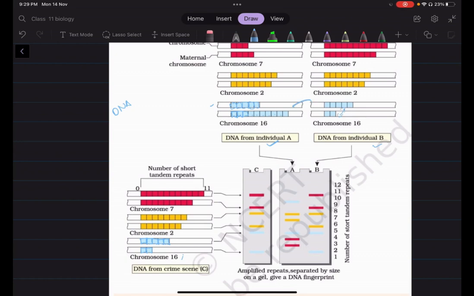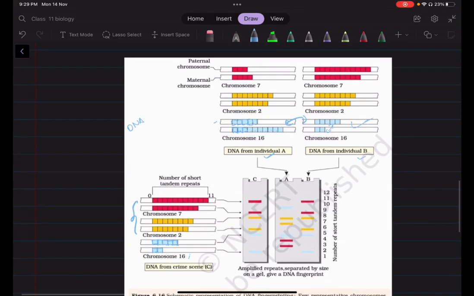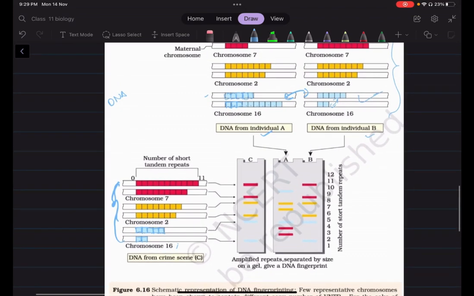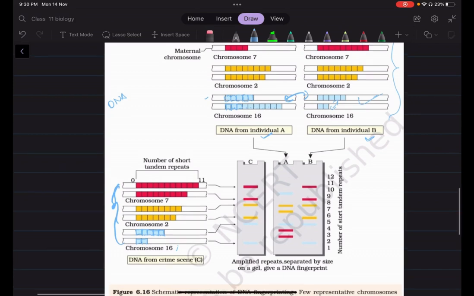Now which is more similar, this or this? Obviously this one, because it is exactly the same. If you compare the other chromosomes too, you'll find the same number of VNTRs in the corresponding chromosomes. So we can conclude that the sample found at the crime scene matches individual B, so individual B is the culprit.